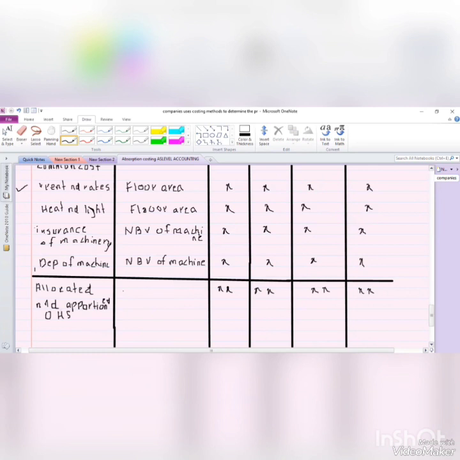Okay. So this total amount would be called allocated and apportioned overheads.